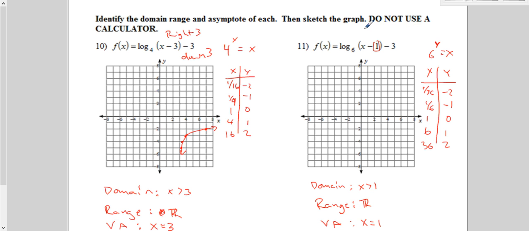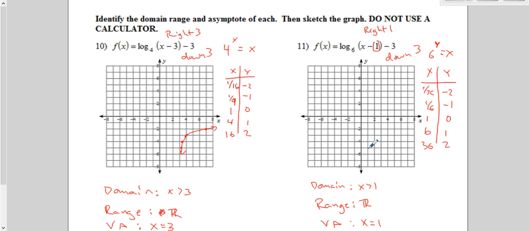And I will be moving to the right by 1 and down 3. If I go 1/36, that is extremely close to the 0 line. Down -2. I'm going to go right 1 and down 3.